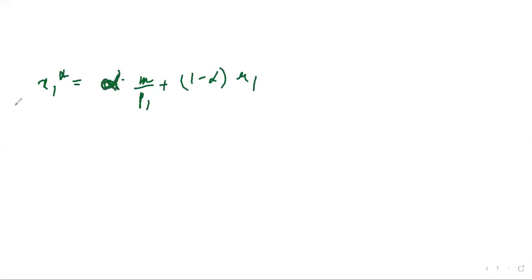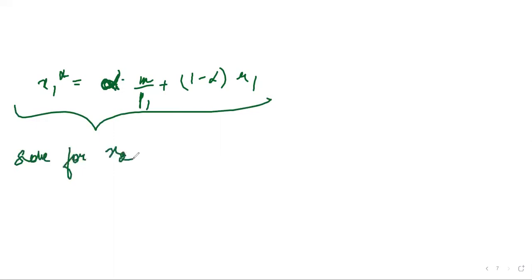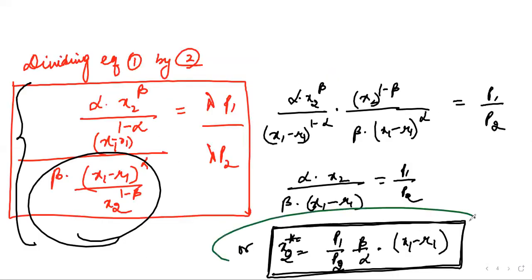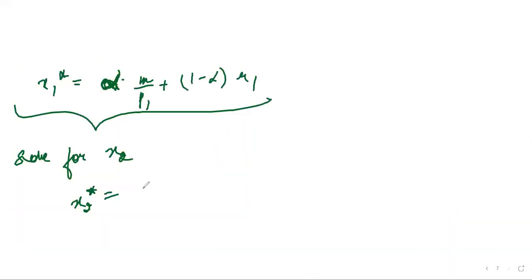Now, once I've solved for this, I'm going to solve for X2. So I know that X2 I had given as this: P1 by P2, beta by alpha, X1 minus R1. So I'm going to write this down. P1 by P2, beta by alpha, X1 minus R1.